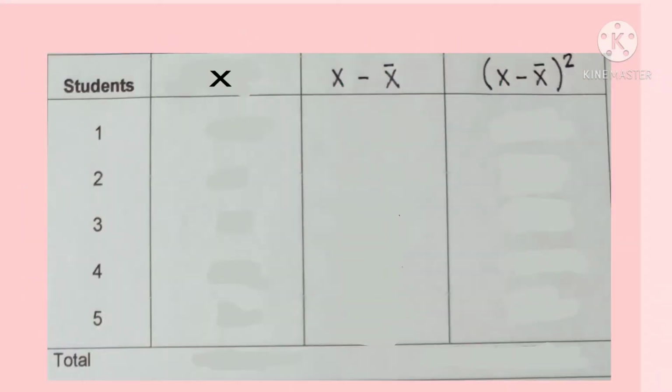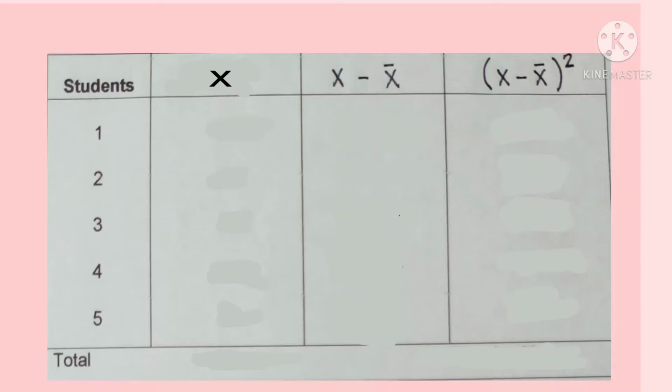The table has four columns. The first column is for the students, the second column is the x, which is the score, the third column is the difference between the score and mean, or x minus x bar, and the fourth column is the squared difference of scores and mean, or x minus x bar squared.